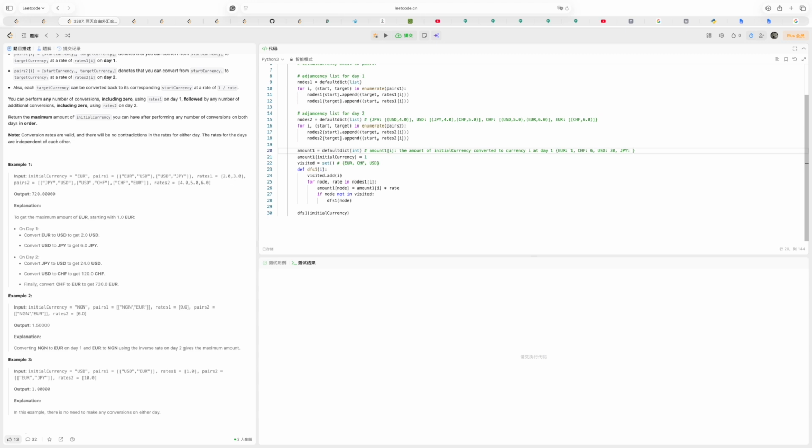USD is 30, rate is 4, so it's 120. JPY is not in the visited set, so we will run JPY now, and we will get to USD.